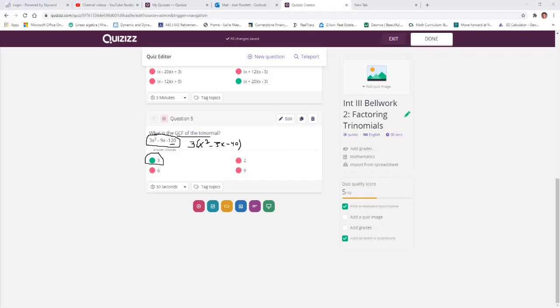Now, just for a little extra, would it be possible to factor this further? We factored it by taking the 3 out, but is it possible to factor that second part? In other words, can I factor x squared minus 3x minus 40? Actually, I could, because x and x will give me x squared. And I know that since this is negative, the signs are going to be different.